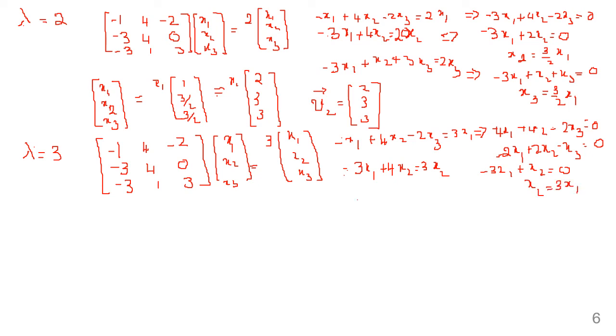Third equation, minus 3x1 plus x2 plus 3x3 is equal to 3 times x3. So when I simplify this further, I am going to get this as minus 3x1 plus x2 is equal to 0. So therefore x2 is equal to 3x1.